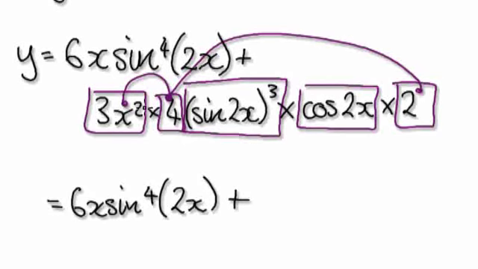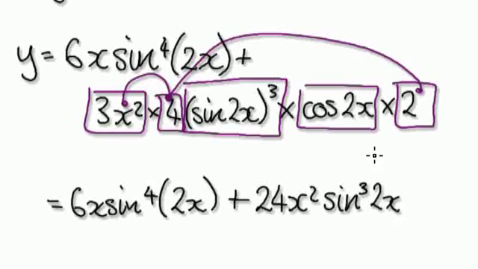That would be 24x squared, and then I'm going to multiply with this block here. So that would be sine to the power of 3 of 2x, and then you've got your cos 2x here.